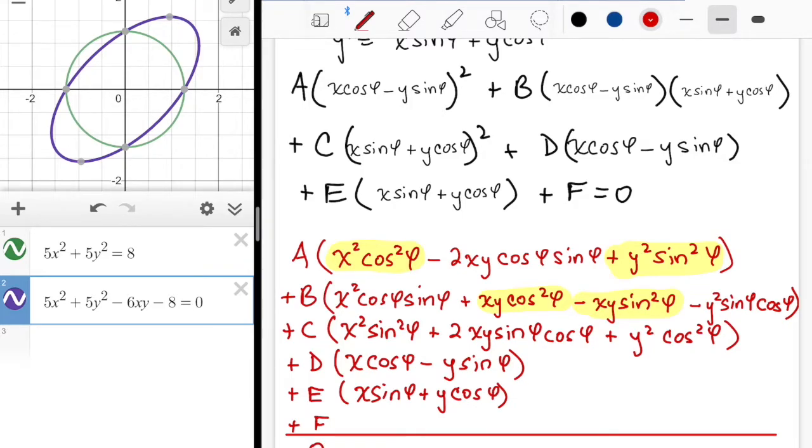All right. Now, I mean, it's a mess, but there's a lot of stuff that can emerge from this. Now, we can distribute through all of these terms. So these coefficients, the A's, the B's, the C's, and then from there we can combine some like terms and see where that gets us.